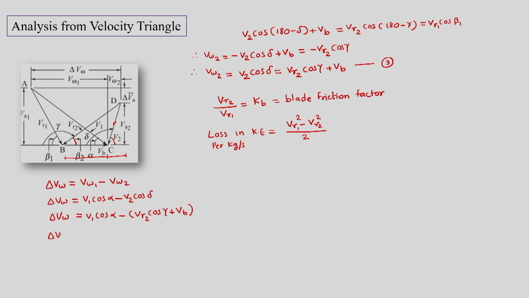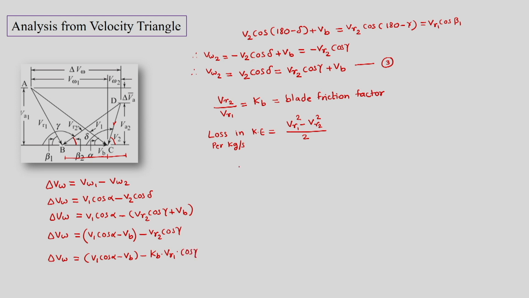So we have delta VW is equal to V1 cos alpha minus Vb, in a bracket, minus VR2 cos of gamma. But considering the blade friction coefficient, we can write delta VW is equal to V1 cos alpha minus Vb minus Kb into VR1 into cos of gamma.